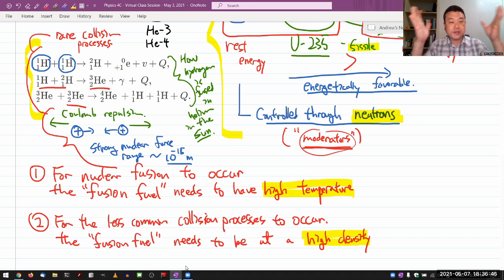It keeps the sun in hydrostatic equilibrium. The energy that the sun produces is no longer coming from gravitational collapse. It's coming from the energy released in this fusion process.